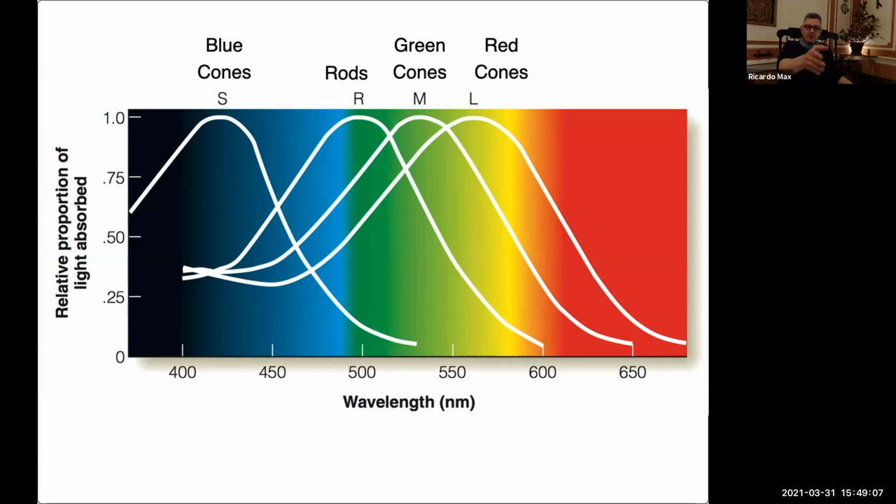So for every specific wavelength that reaches our retina, all the cones to a certain degree will react, but they will react more or less strongly depending on their specific sensitivity. We'll come back to that. This is very important for us to understand color perception that we'll see next week.